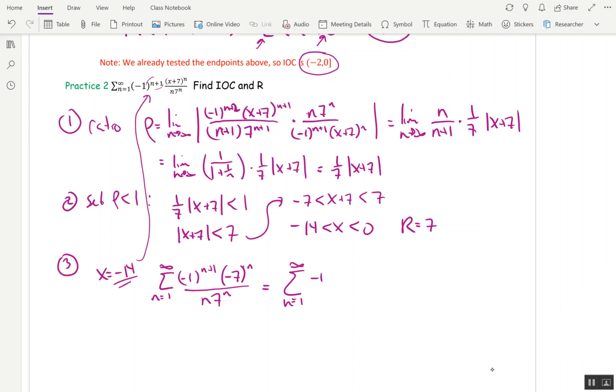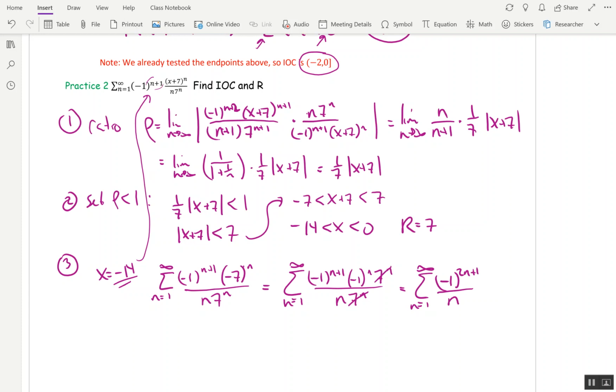So this is (-1)^(n+1), (-1)^n, 7^n, over n 7^n. So now these cancel, but I need to clean up that numerator. Okay, I need to add the exponents. So I'm going to end up with (-1)^(2n+1) over n.